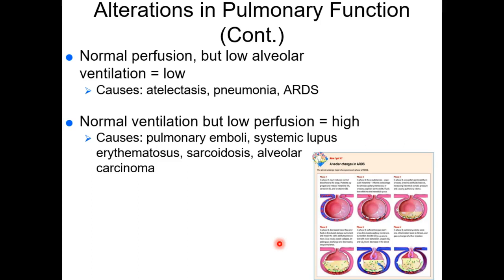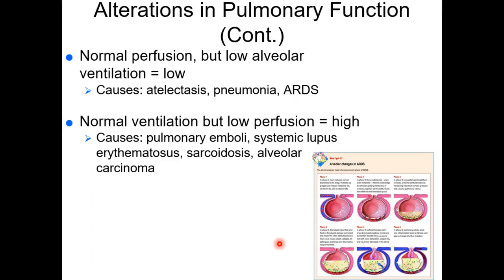So let's illustrate. Here's a poorly ventilated alveolus. Here's a very well ventilated alveolus. Here's a poorly ventilated alveolus with an abundant capillary bed. Is that getting oxygenated? No, so deoxygenated blood goes back to the lungs, right?